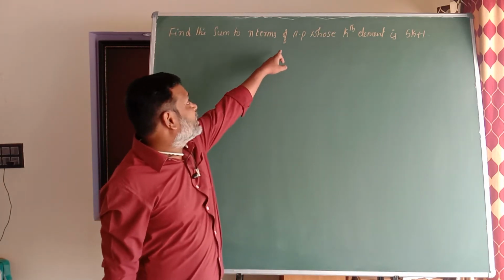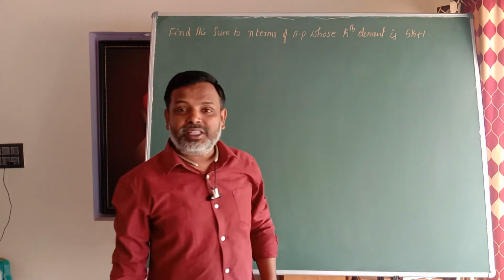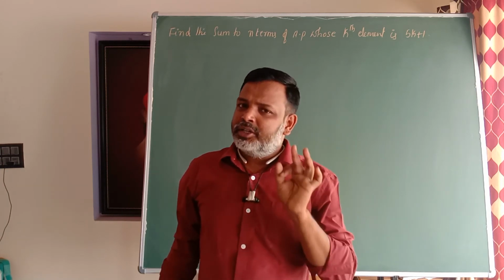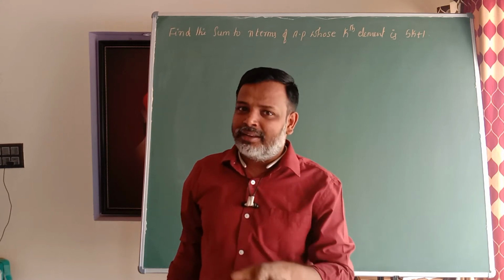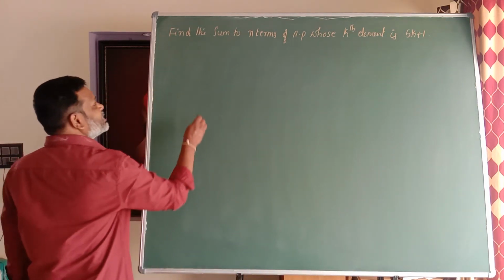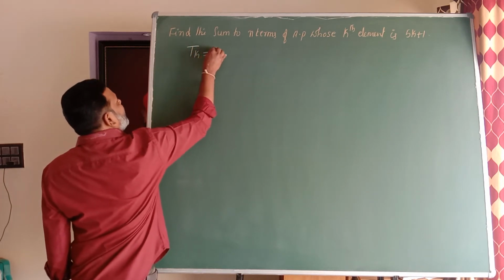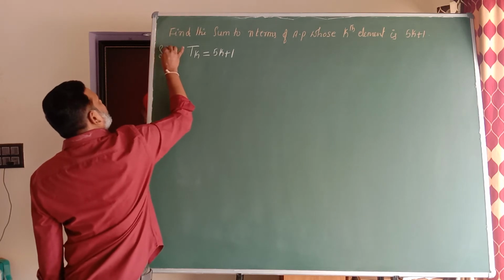Find the sum to n terms of an AP whose kth element is 5k plus 1. Kth element is nothing but kth term. So the nth term is denoted by Tn, similarly the kth element is denoted by Tk. Tk is given by 5k plus 1. This is what they have given.